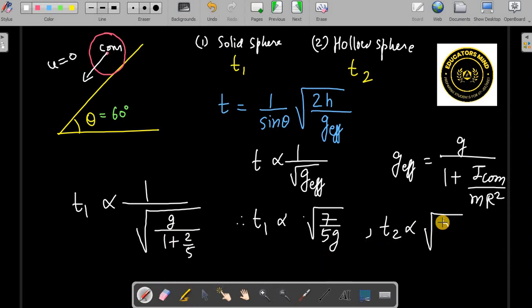Then 5 root 5 will come, and 3g, correct? 5 by 3g, isn't it?